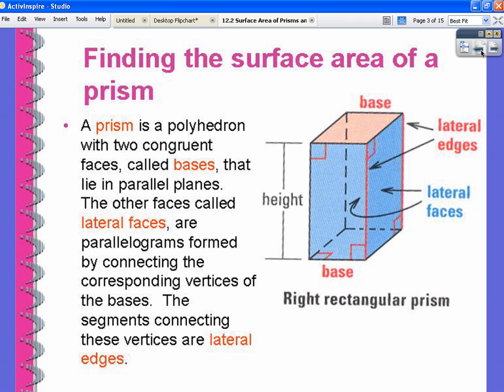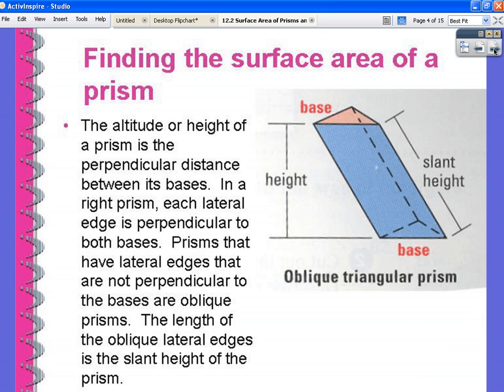Look at this. This is different. Now the height here is something different than the length of one of the lateral edges because it's been squashed over to the side. So we have to define the length of one of the lateral edges differently than the height. When you get one that's been pushed over like this, the height still means the same thing. The height is still the vertical distance between the two bases.